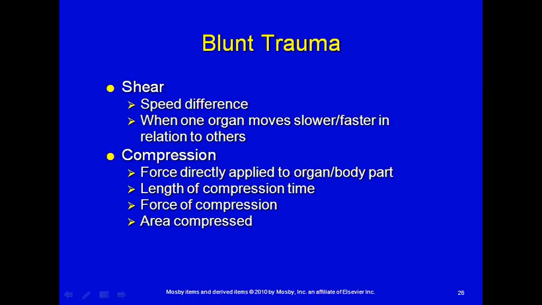Blunt trauma can be shear or compressed. Shear forces result from a speed difference, where one part of the body moves slower or faster in relationship to the other, kind of like not necessarily a twisting, but a change in direction at either a slower or faster speed.